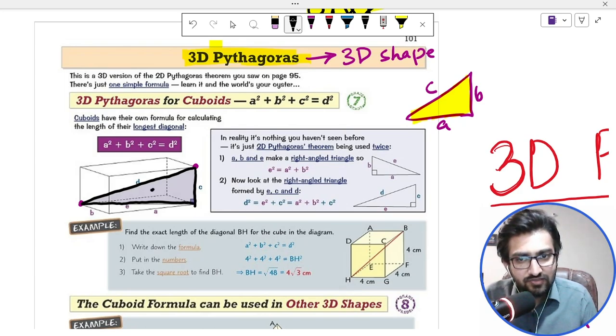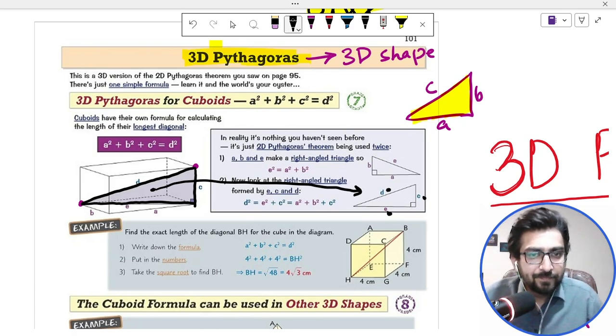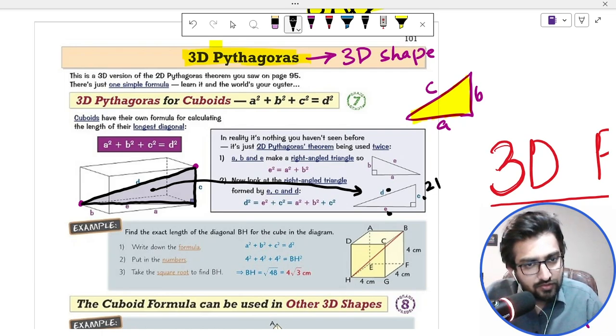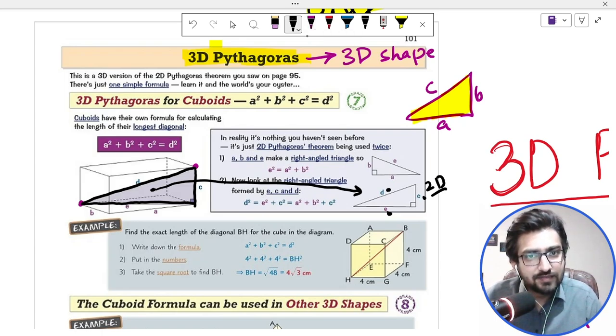So I will draw this triangle here. That is D. The down part is E, this part is C. Now this is a two-dimensional shape, so we can directly apply Pythagoras theorem here.